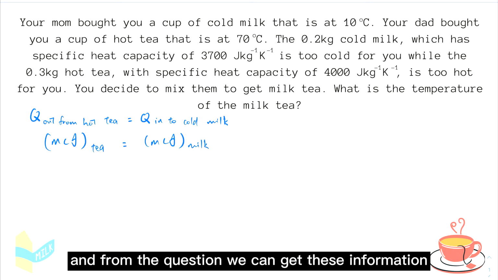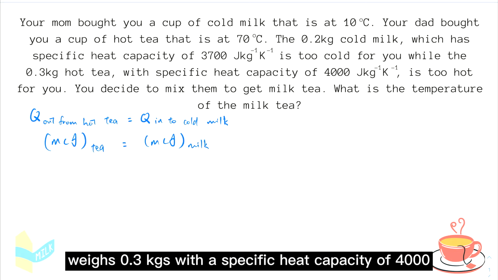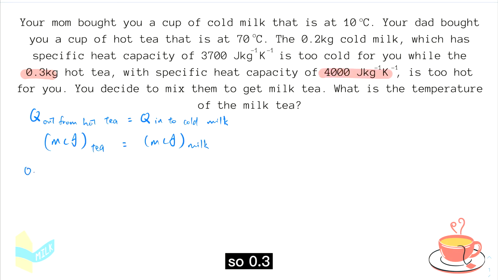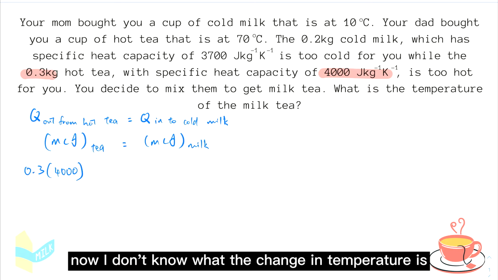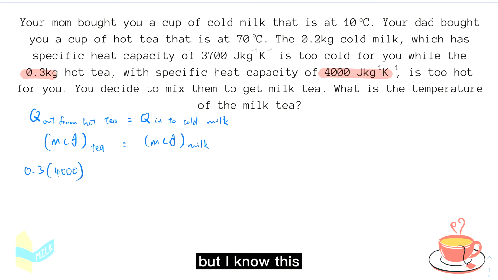And from the question, we can get this information. The tea weighs 0.3 kgs with the specific heat capacity of 4,000 joules per kg per Kelvin. So 0.3 multiplied by 4,000. Now I don't know what the change in temperature is because I don't know what the final temperature is. But I know this.